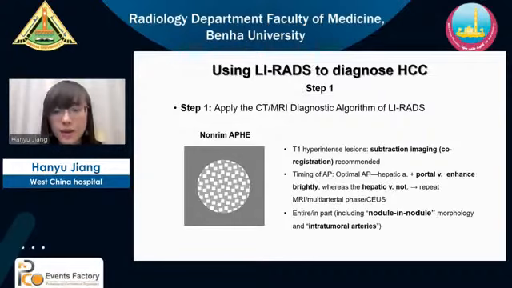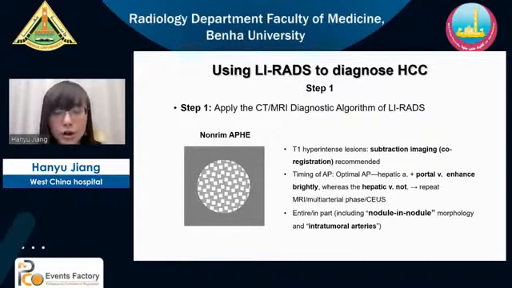On that image, we can see that the hepatic arteries and portal veins enhance brightly, whereas the hepatic veins do not. If suboptimal arterial phase images were acquired, it's better to repeat MRI or use multi-arterial phase imaging for better AP timing, or just transfer to other imaging modalities, for example, contrast-enhanced ultrasound or contrast-enhanced CT.